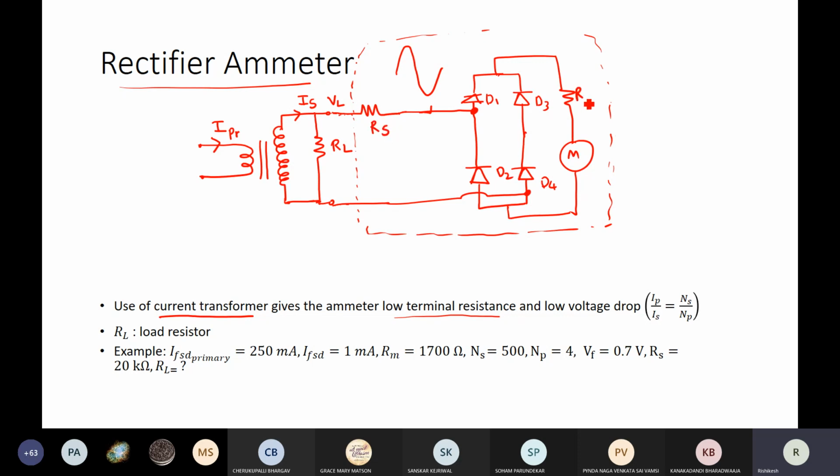So in this case also one has to come up with the required values of RS and RL based on the specification provided for the current measurement.